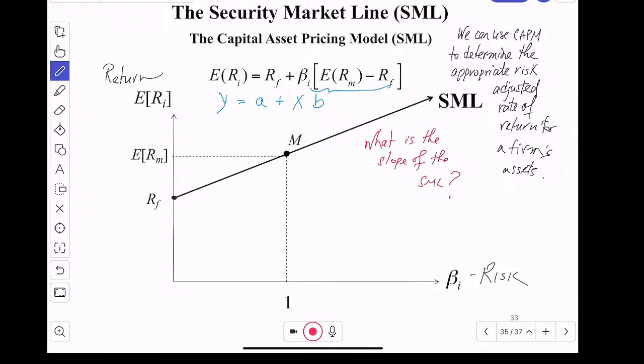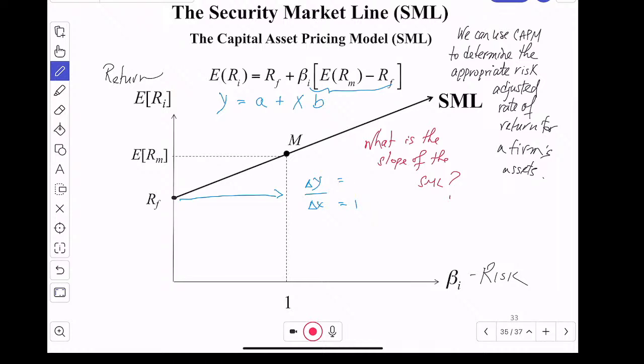So you can see it here. If I wrote beta after, it would be easier to see, but we don't really write that. But this is the slope. This cannot be. This is the x. So let's see. If for every unit I go over here, the change in x is 1. What is the change in y?